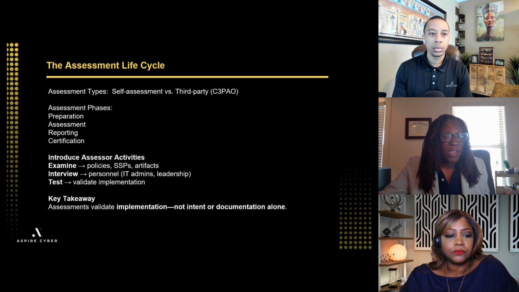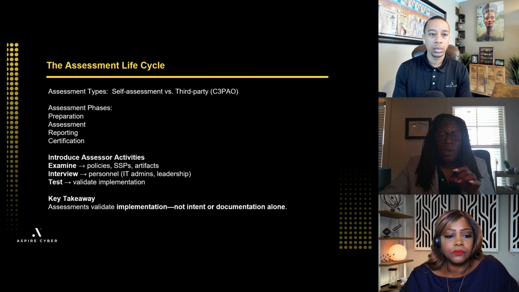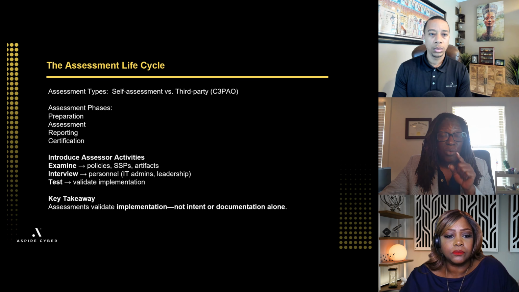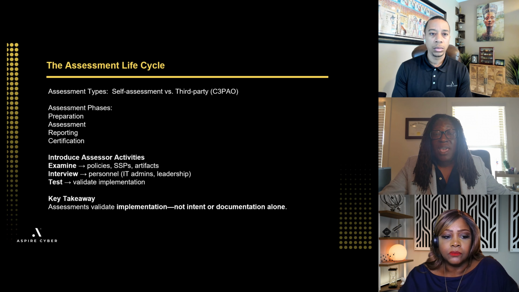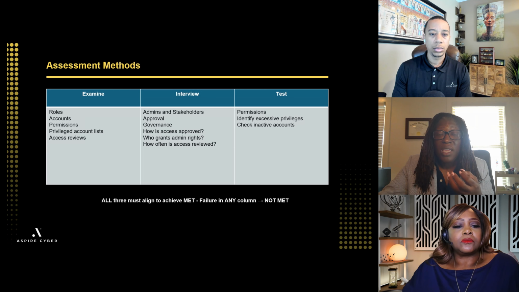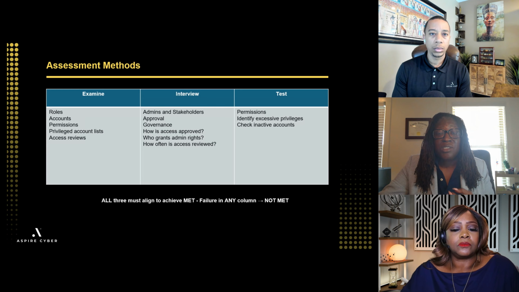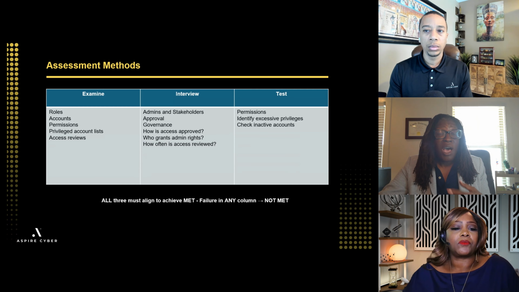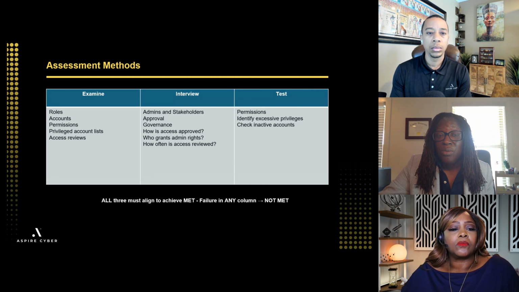What artifacts are we examining? What we are attempting to take away from those key assessor activities is validating the implementation of the access control, looking at the tables, the policies, the permissions, the privileged account lists, looking at who has the administrative rights. How often is it even reviewed?